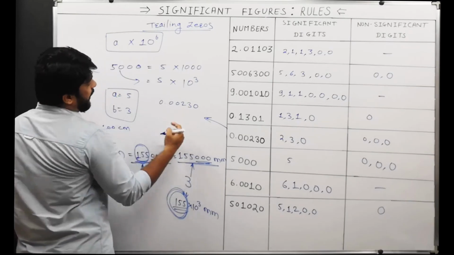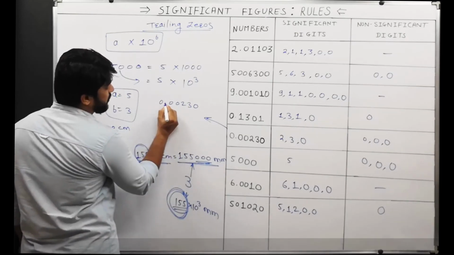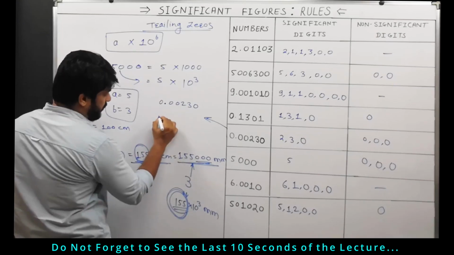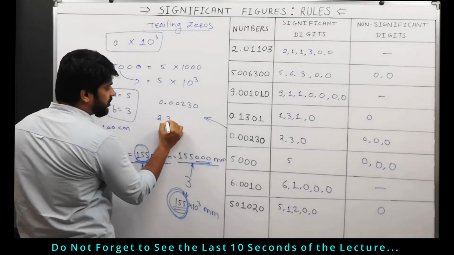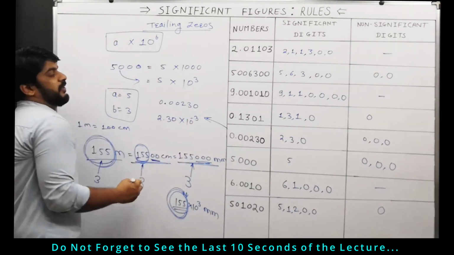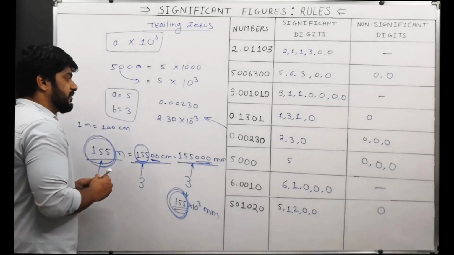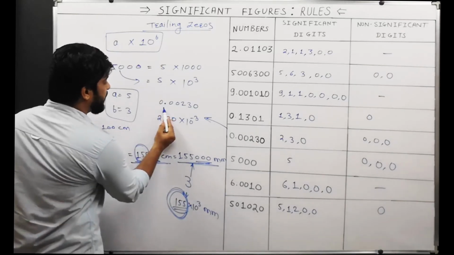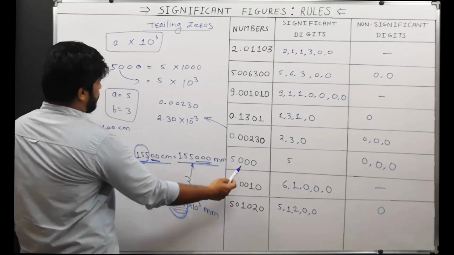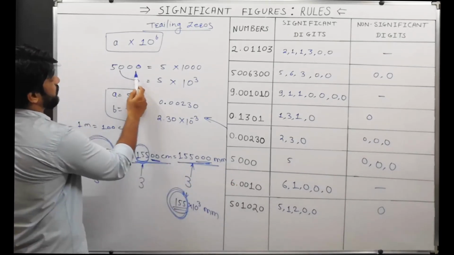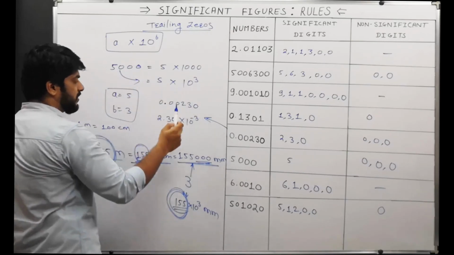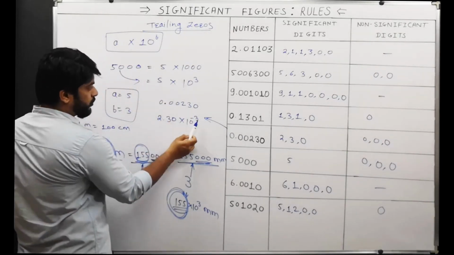We can write this number by shifting the decimal point 1, 2, 3 places, so it would be 2.30 into 10 raised to minus 3, because we are shifting it forward. In the case of 5000, we are shifting it backward, that's why it is plus 3, and here we are shifting it forward, so it is minus 3.